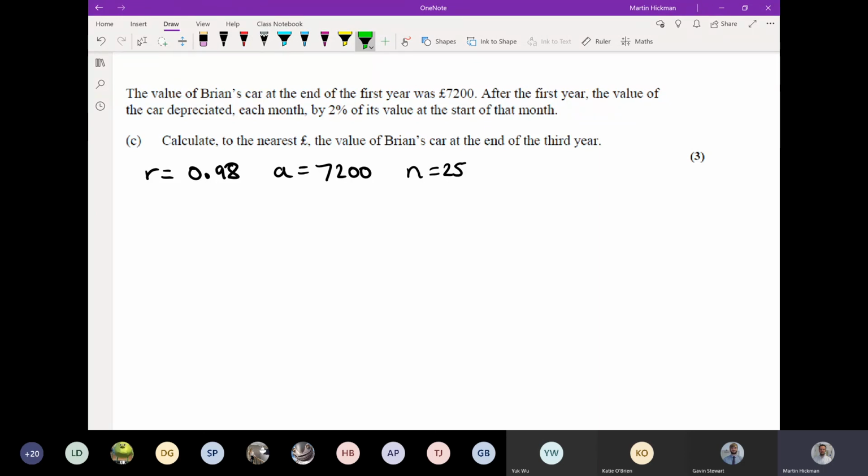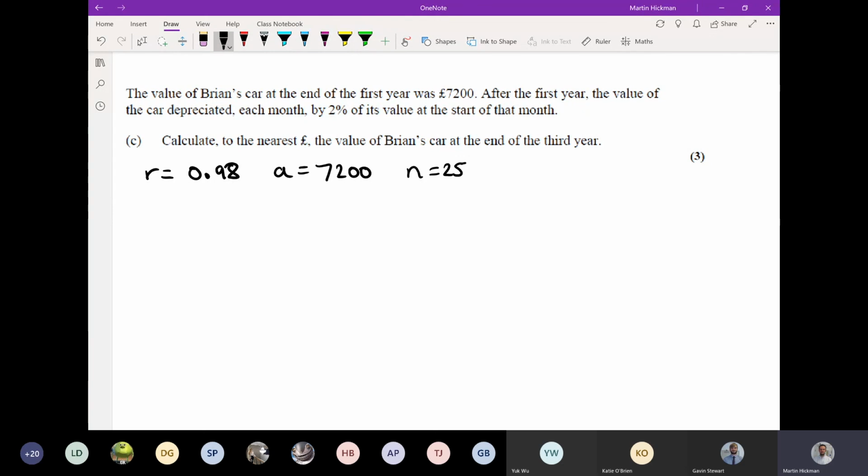But if I'm doing this in terms of how many terms there are in the sequence, the first term is the 7,200, and then the second term is 7,200 times 0.98. So think of n here as 25 because there are 25 terms in the sequence. You've got 24 months of that depreciation, but your first term, that's 7,200, you've also got to include.